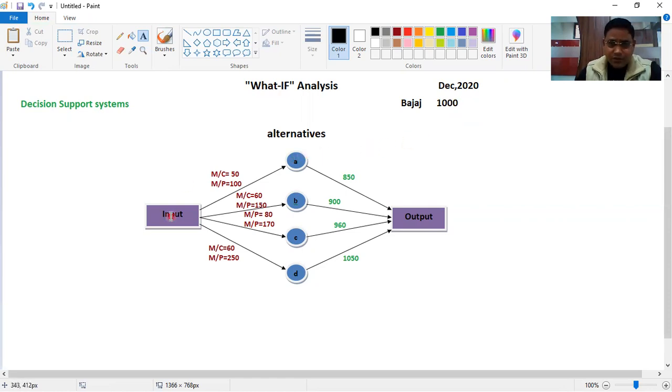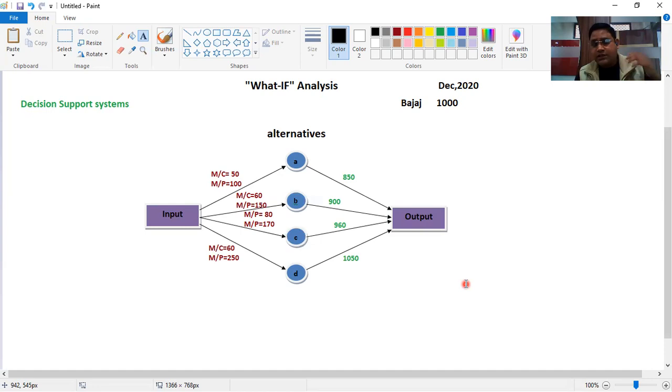Just focus on this diagram. This is input, this is output, and here we have a number of alternatives. Right now, in this case, we have taken only four alternatives: A, B, C, and D. But in a real scenario, you will find thousands of alternatives. And as a decision maker, you cannot rely on only a few alternatives.